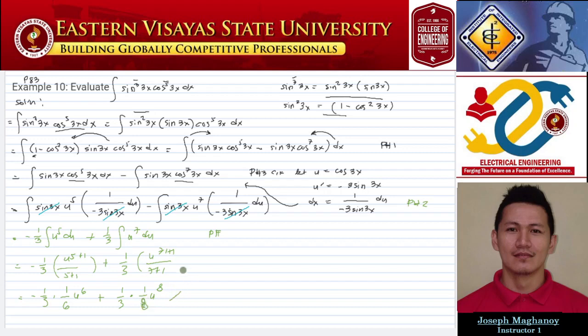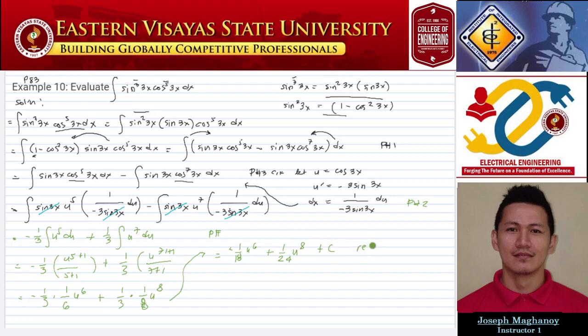So finally, our answer, if we multiply, this is negative 1 over 18 u^6 plus 1 over 24 u^8 plus C.